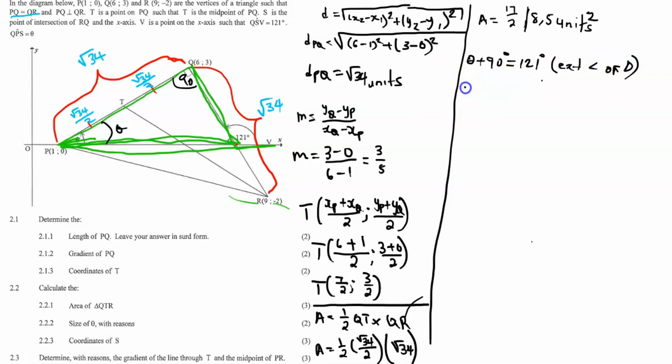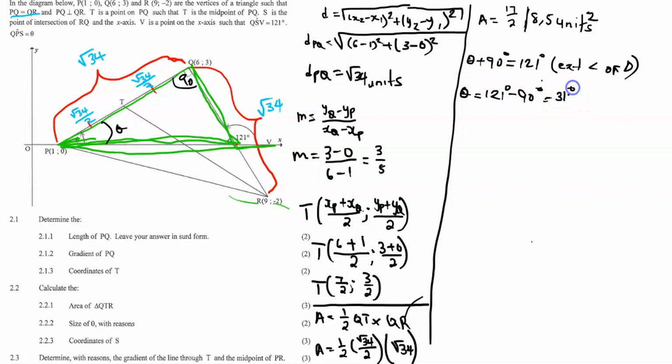And then we say that theta is equal to 121 minus 90 degrees, which will give us 31 degrees, which obviously makes sense, as it's an acute angle.